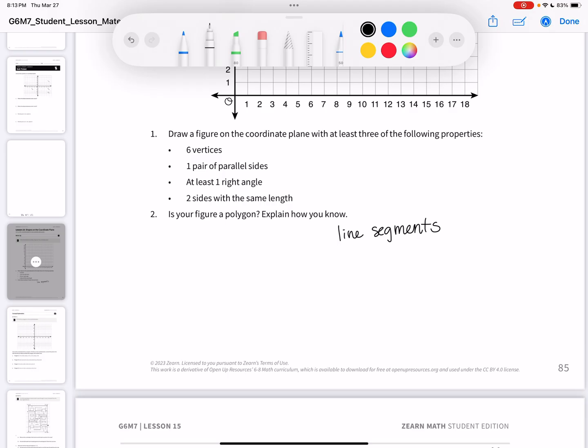And the line segments, so they're not curved lines, a line segment like this. So not curved. The line segments meet at a vertex, right? Only at the end. So the end of the line, right?